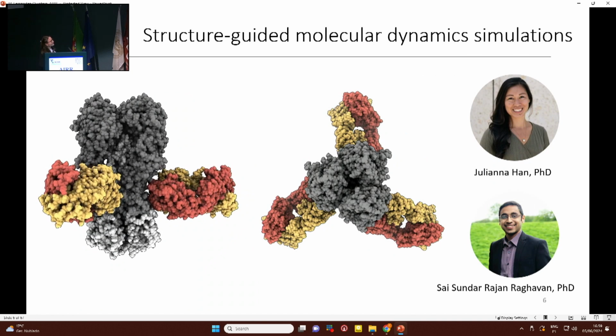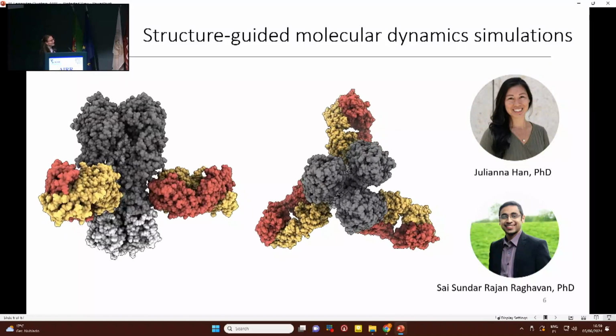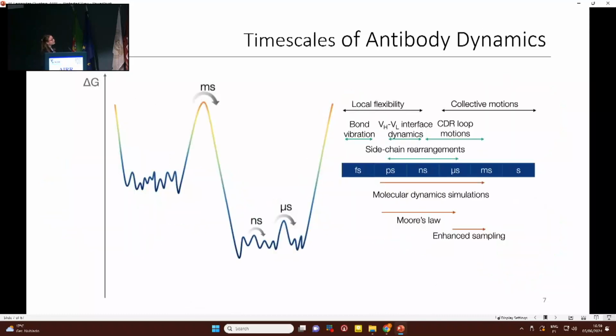And this is where we then did MD simulations to really show what these rearrangements are, and whether we can capture those. These are just two structural morphs, but this project was together with Juliana Hahn and Asai, who is also a great asset in terms of how to get flexibility analysis from cryo-maps.